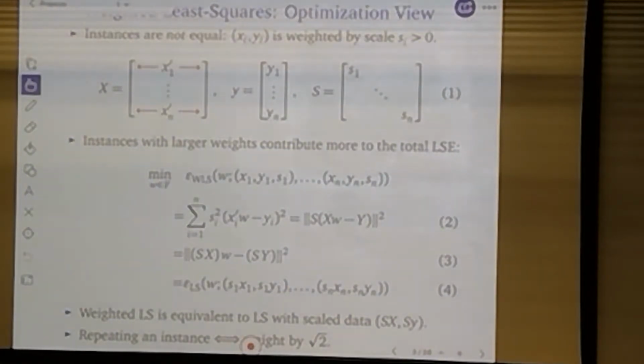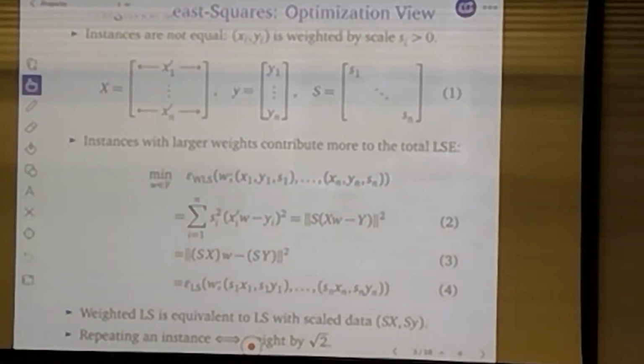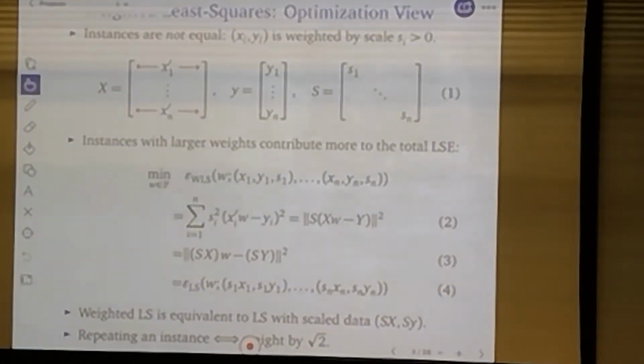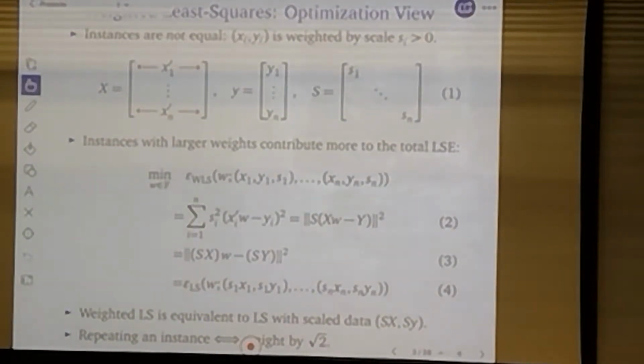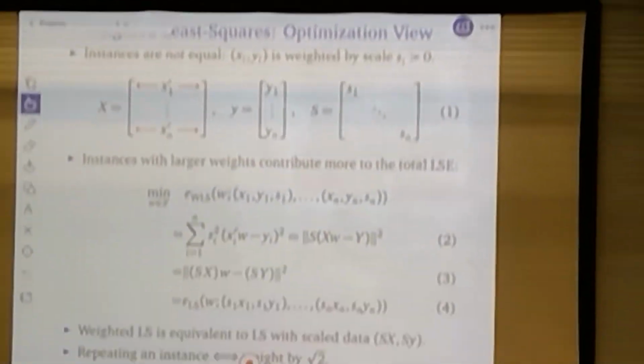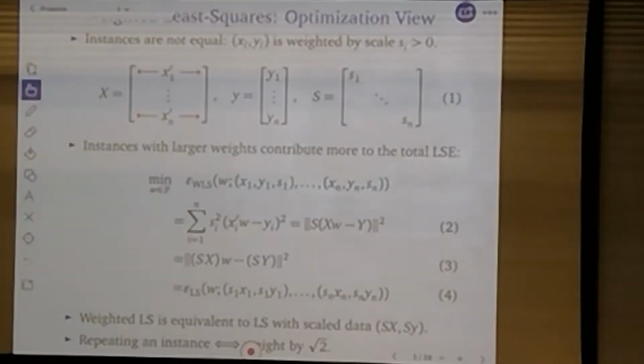Usually the weight is a non-negative number, so the weight is the square of the scale. Instances with larger weights are usually the ones that you have higher confidence in these measurements. The prediction errors on these points, you want them to be valued more. You want them to be precise.